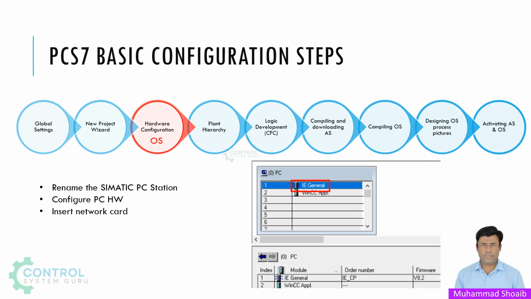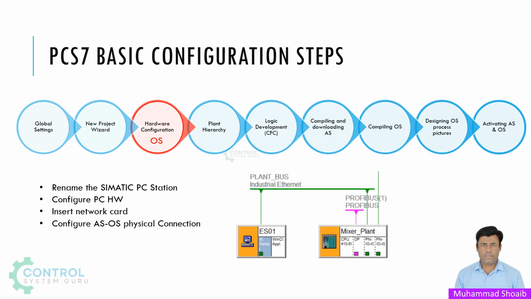After configuring the PC hardware, we'll insert a network card. Once we insert the network card, after that we will make sure the AS and OS physical connection is established. If it is not established, we have to select it and configure the Profinet interface card.